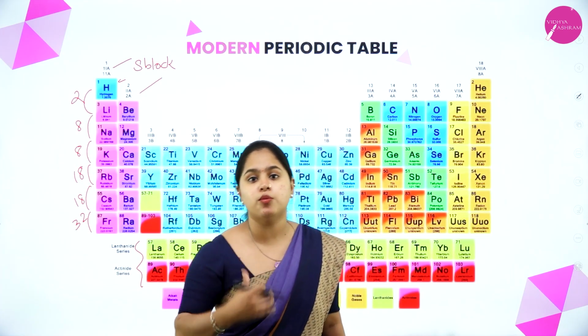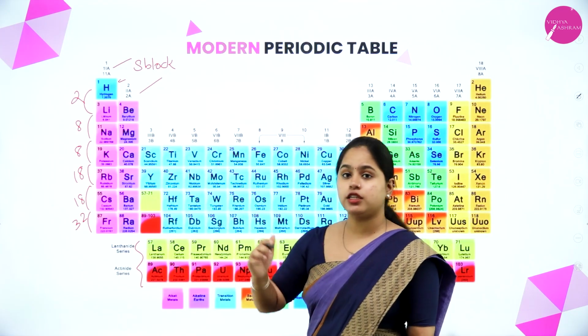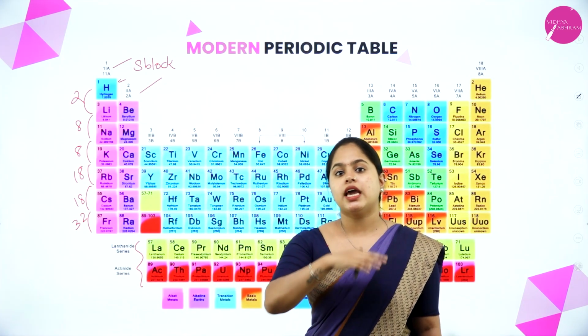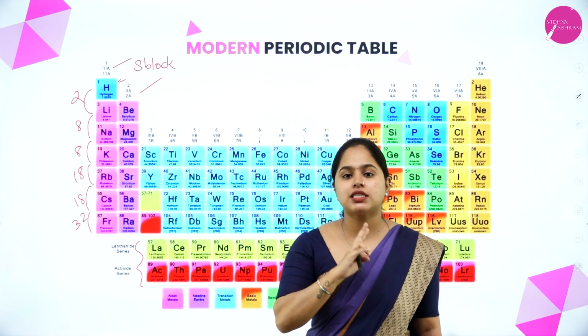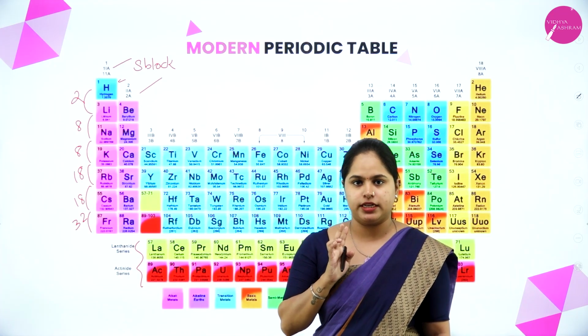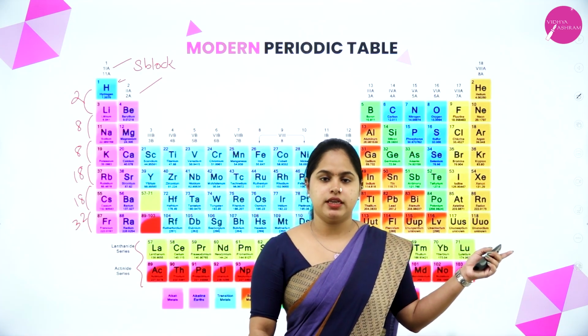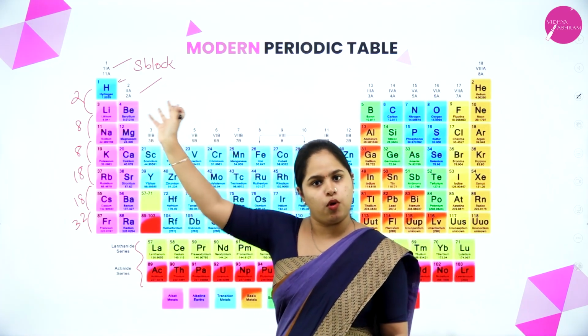It needs just one more electron to fulfill its octet, right? In the case of hydrogen, only one electron is present. If it gains one more electron, it can complete its shell. That is called a duplet in the case of hydrogen, as a maximum of 2 electrons can be accommodated. So it behaves as an alkali metal as well as a halogen. Both are possible, hence it is kept in a separate box on the top.